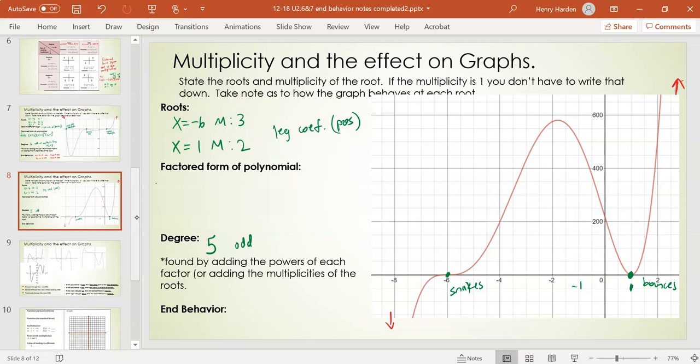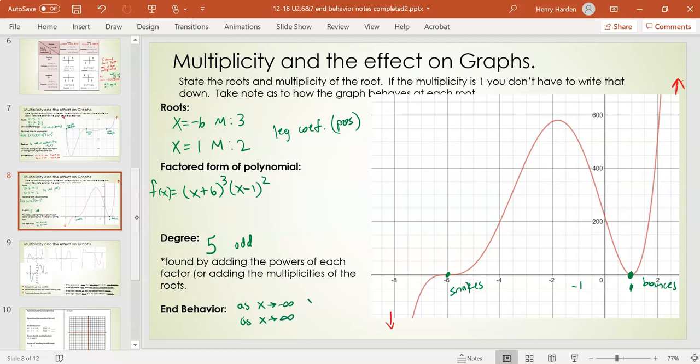Okay, so for the factored form, I take my roots, multiplicity 3, x minus 1, multiplicity 2. Remember, roots to factors, you have to change that sign there. Okay, so we got our factored form. All right, so end behavior, as x goes to the left, as x goes to the right.